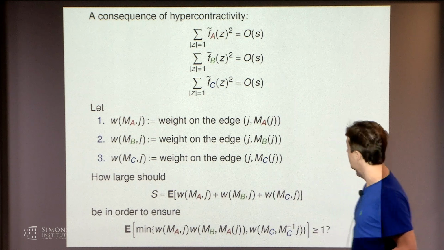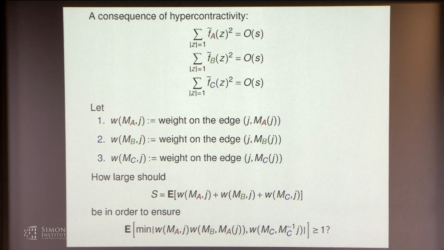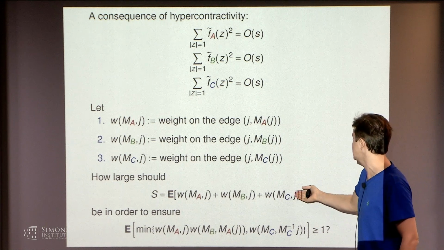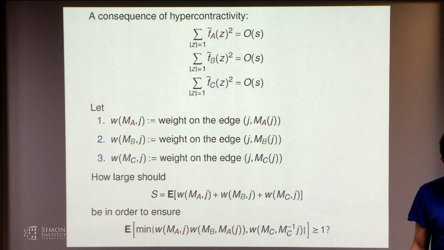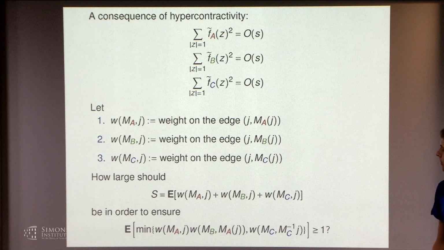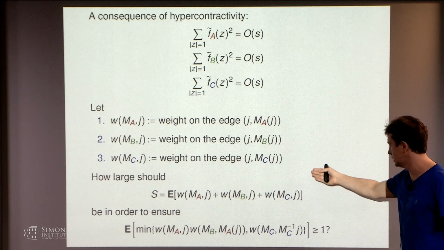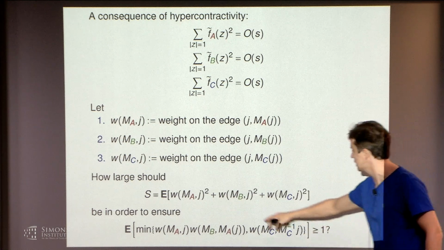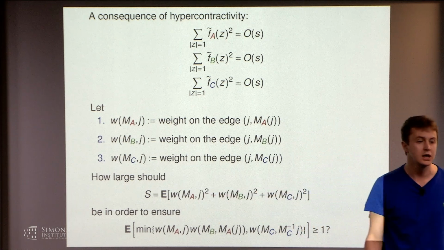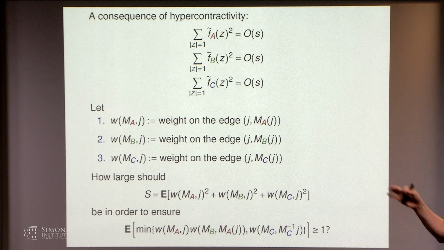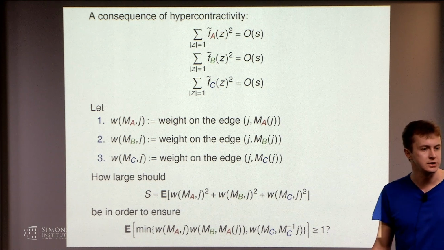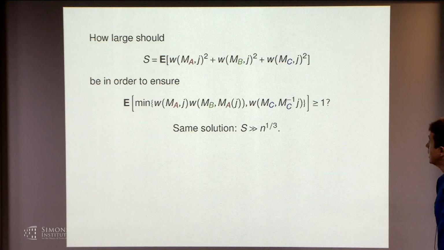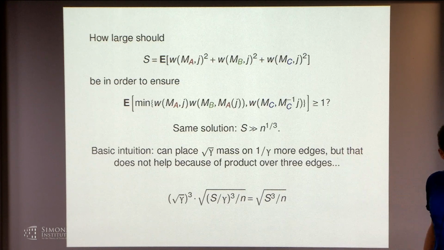So this consequence of hypercontractivity, in the form of L2 squared bounds on the Fourier coefficients, shows that essentially we just have to solve a related problem, where Alice, Bob, and Charlie now get to allocate fractional weights to the edges of the graph. And the only difference is that the weights also happen to be L2 squared constrained. But for triangles, the solution to this problem turns out to be exactly the same as under the L1 constrained version. And I think I'm out of time.